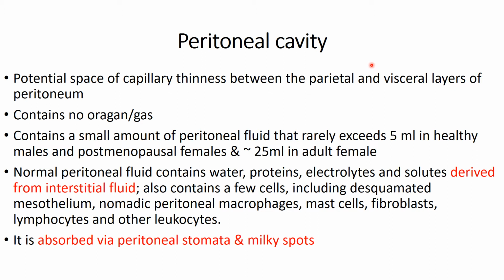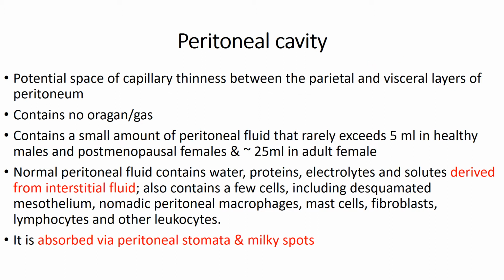It contains no organ or gas, and it contains a small amount of peritoneal fluid that rarely exceeds 5 ml in healthy male and postmenopausal females, though the amount is more in case of adult female, and it also varies depending on its menstrual phase. So roughly it is about 25 ml.